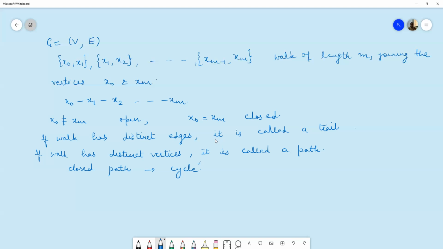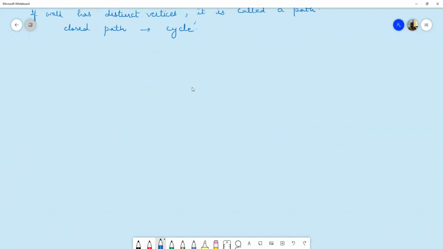So now we consider this example. Let us say this is the graph.